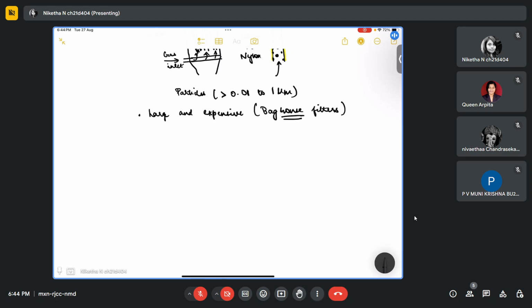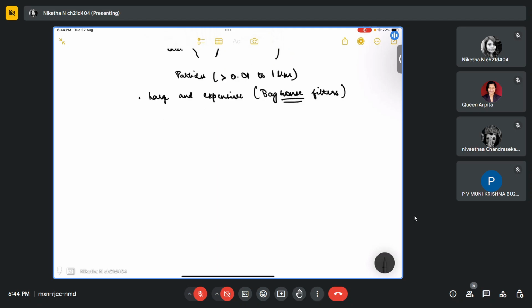And it cannot be used in a moist environment, so during monsoons and rainy seasons, it cannot be used.